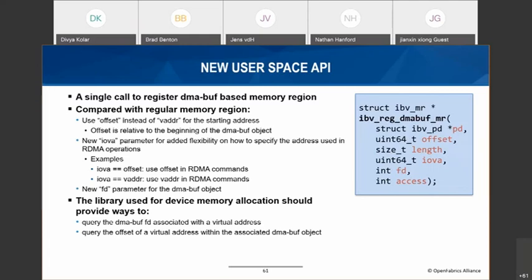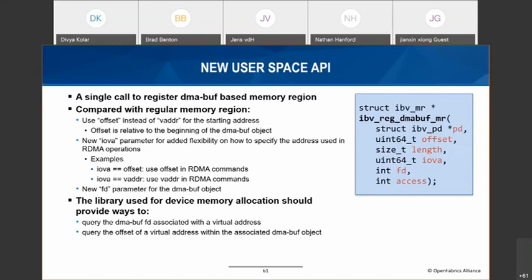And then the other change is there's a new parameter, IOVA, that allows the user space to pass some kind of virtual address to the kernel. So in the future, when doing RDMA operations, that address is going to be used instead of using the offset. That is mostly making it more user-friendly.